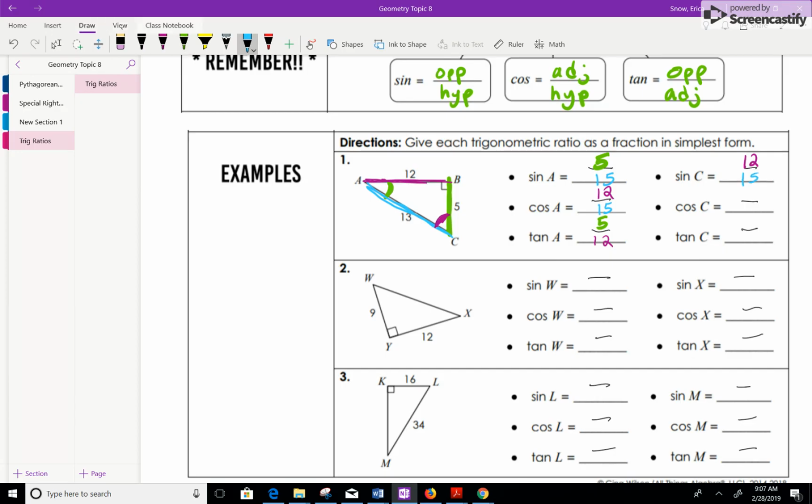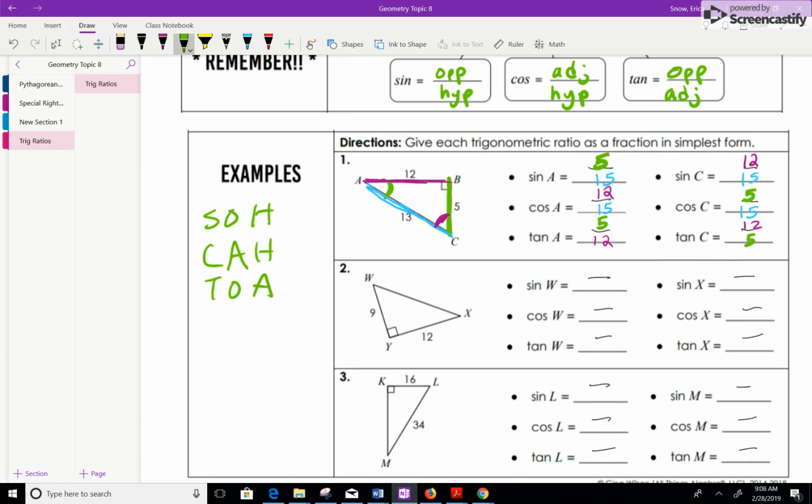So C's adjacent side is 5 with the hypotenuse as 15. And then C's opposite side is 12 and the adjacent side is 5. So SOH CAH TOA. Remember that. I'm even going to write it out here to the side. You can't write it too many times.